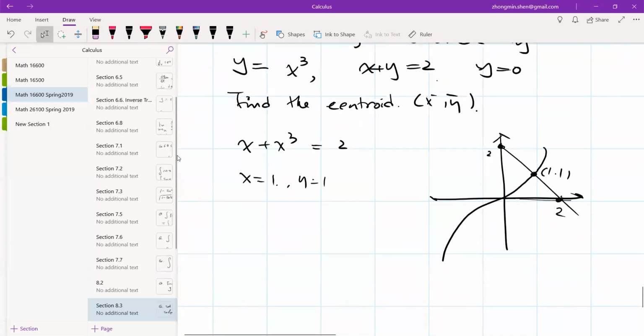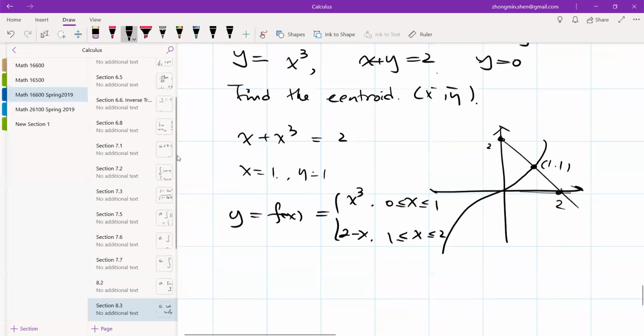The graph is defined piecewise. So actually, this is a graph y equals f of x, but this f of x is x cubed if x is between 0 and 1, and 2 minus x if x is greater than 1 and less than 2. Okay? It's a continuous function, but it's not a smooth function. That's okay.